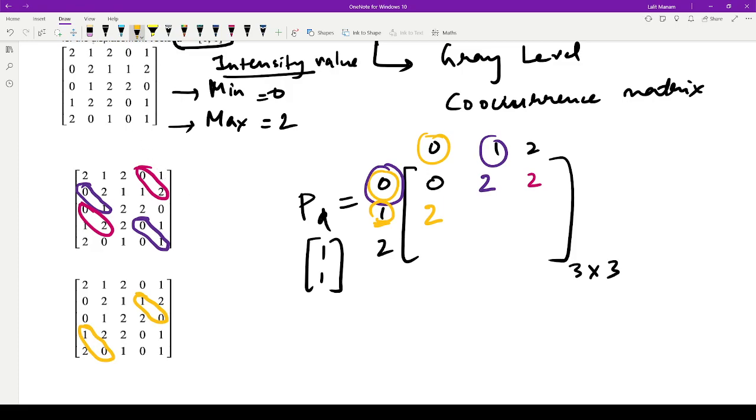Given this, what's the next one? (1, 1). So anyone can see how many 1s are there? Only one pair. This one is the 1 that I see. What about (1, 2)? 2, 2. Okay, I'll just write it down.